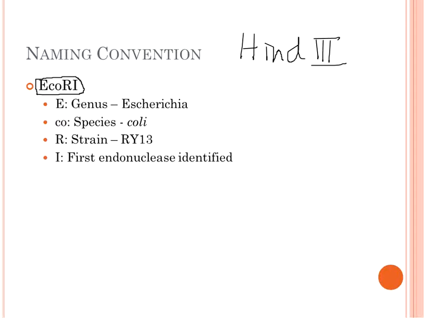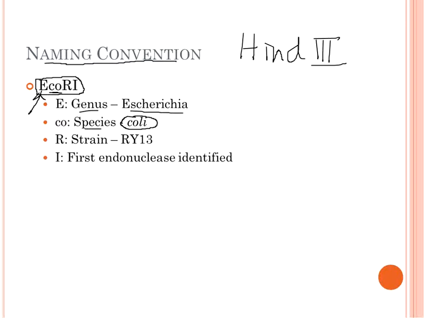Here is one commonly used restriction enzyme, EcoRI. There is a certain naming convention that is used for naming restriction enzymes. The first letter refers to the genus. In this case it is Escherichia. The next two letters refer to the species. In this case, it's coli, right? Escherichia coli, E. coli, right?